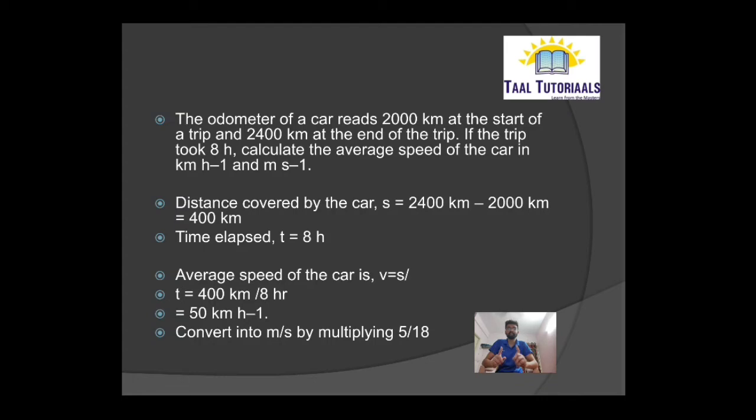Class, I am telling you again, the formula is wrong there. The average speed of the car v is equal to s by t, and where t is shown there, there should be the average speed of the car only. So the average speed will be total distance by total time, that is 400 kilometers by 8 hours.